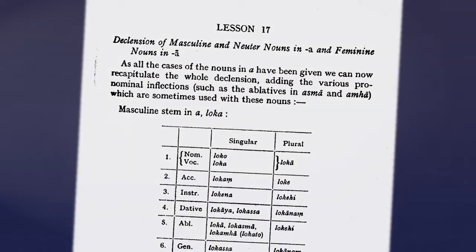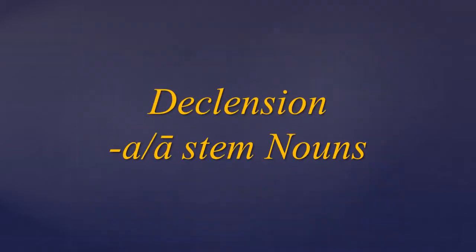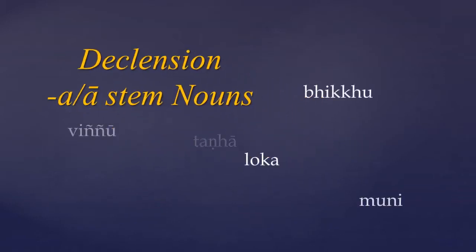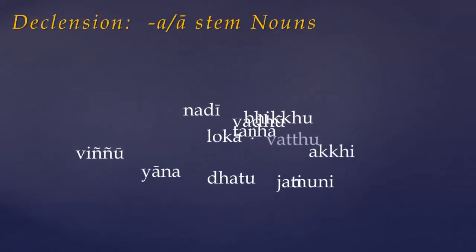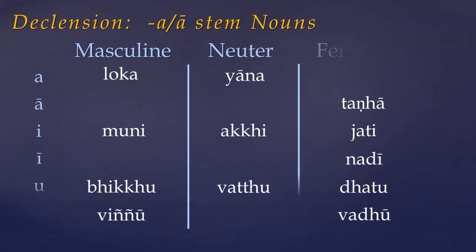Well, we're going to start with a review of the declension cases. If you remember, nouns in Pali fall into different groups depending on how their stem ends.